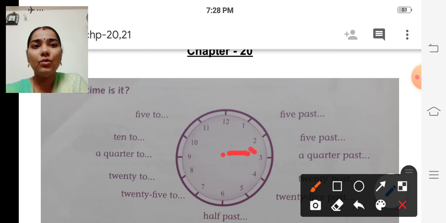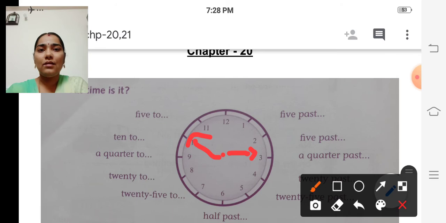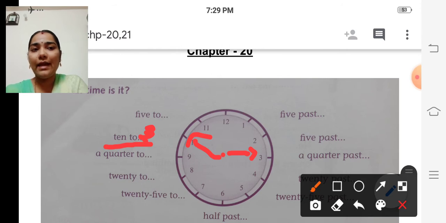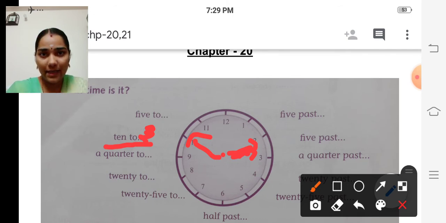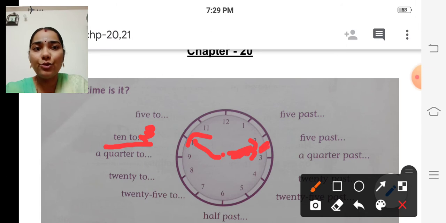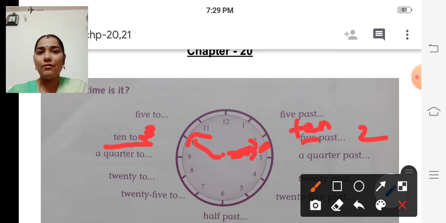Okay, the next, it is almost 3 and the minute hand is at 10. Then what we will say, 10 to 3. But if the minute hand passes this 2, then what we will say, 10 past 2, the same hour, isn't it?